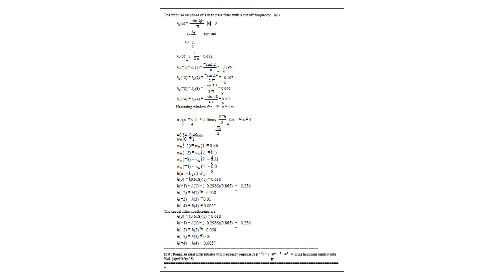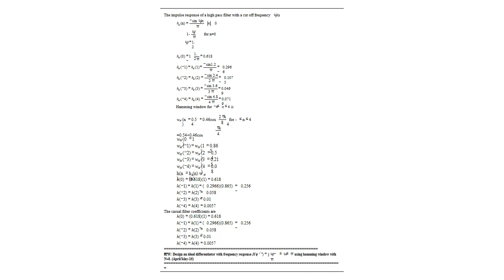Next we have to find the h of n value. That is h of n is equal to hd of n times wh of n, so we have to multiply them together. For h of 0, we already know hd of n and we also know the wh of n value.